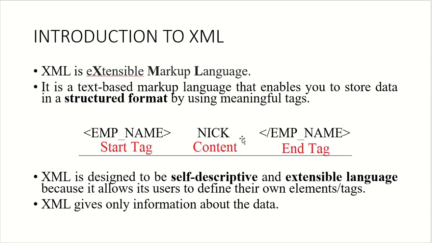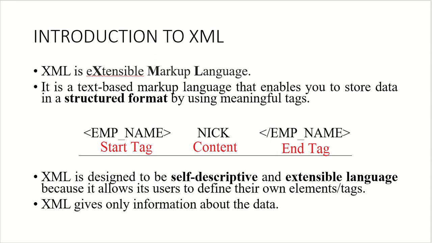So in this content, Nick is the name of an employee. The starting tag and the ending tag both are telling that Nick is the name of an employee. That enables you to store data in a structured format.